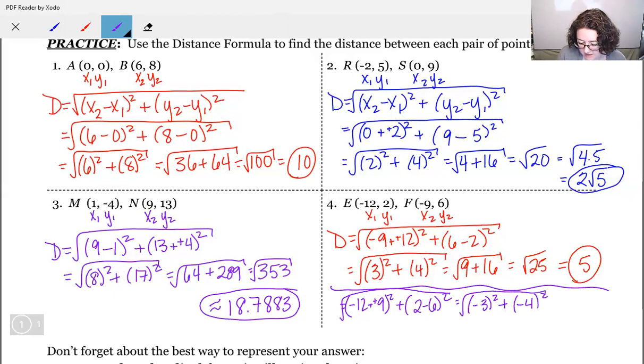And so don't forget, when you're squaring negative numbers, what happens? -3 times -3 should give you a +9.